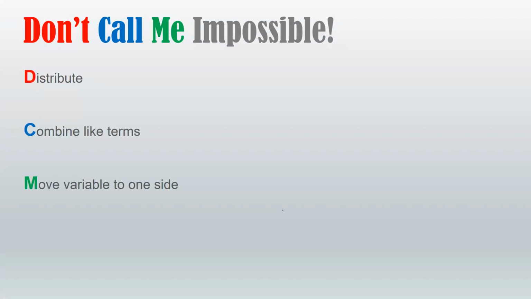All right, so before we get started with the work again, we want to recall "don't call me impossible." When we are solving linear equations, we want to distribute, we want to combine the like terms, then move the variable to one side, and then use inverse operations to isolate the variable. Now, our order of operations, hopefully we remember, is PEMDAS.